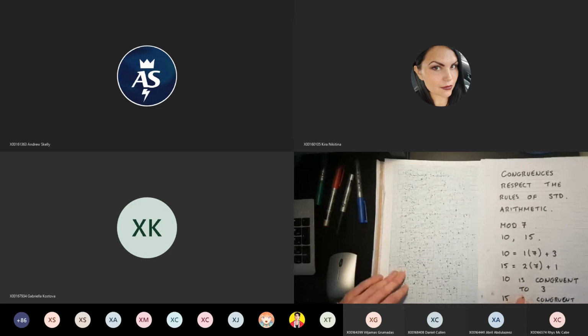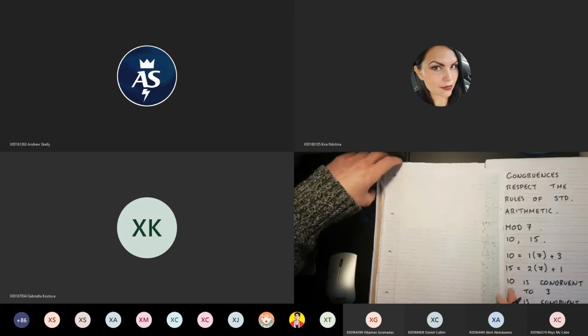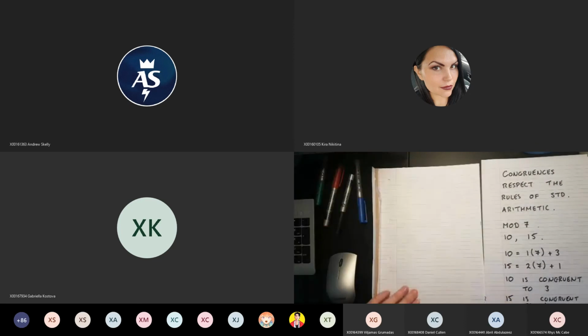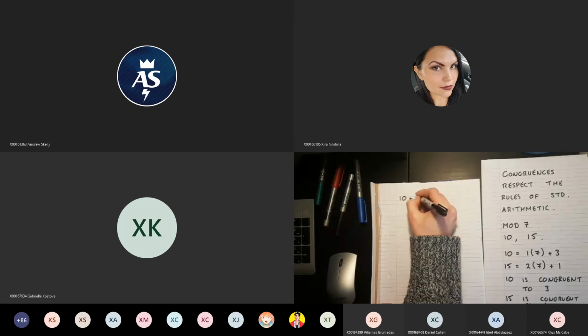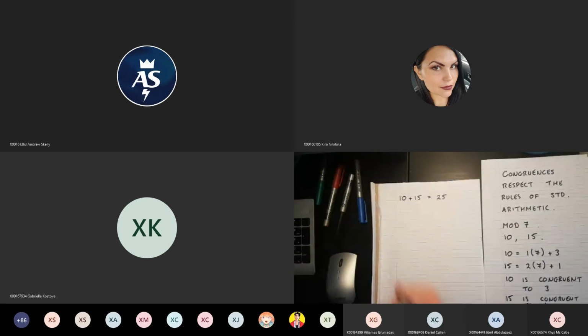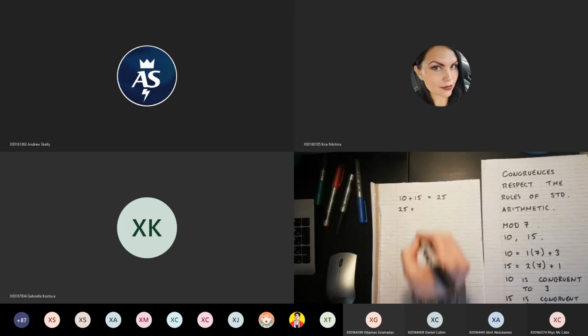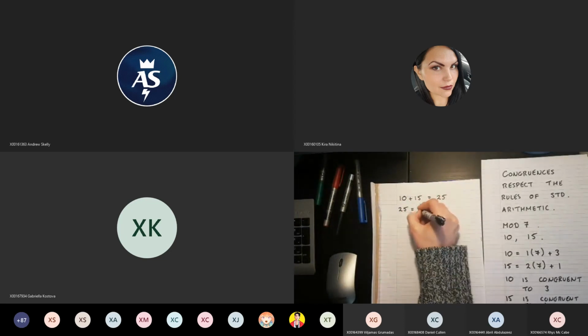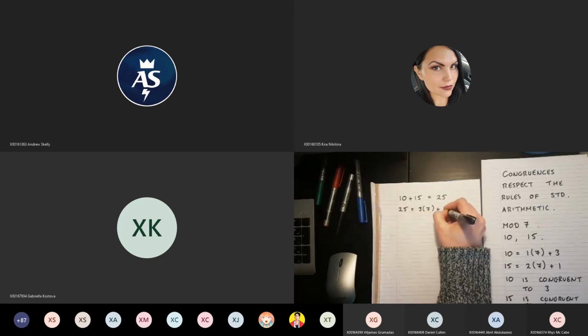Now, let's see what happens if I add 10 and 15 together. If I add 10 and 15 together, I get the number 25. And of course, 25 is the same thing as what? Well, 25, if I break it down in sevens, is 3 times 7 and a remainder of 4.